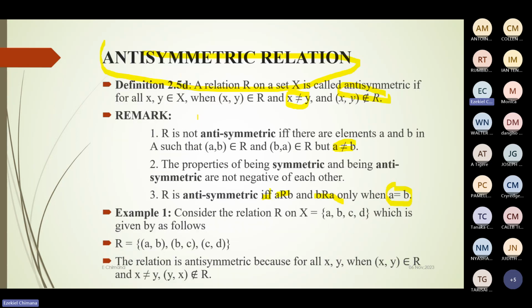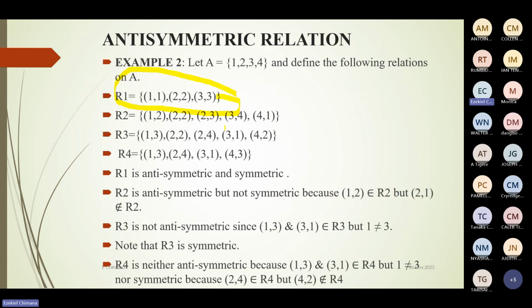R is antisymmetric if and only if a is related to b and b is related to a only when a is equal to b. Here you've got (1, 1), and a is equal to b. Here (2, 2), a is equal to b. And here (3, 3), a is equal to b.